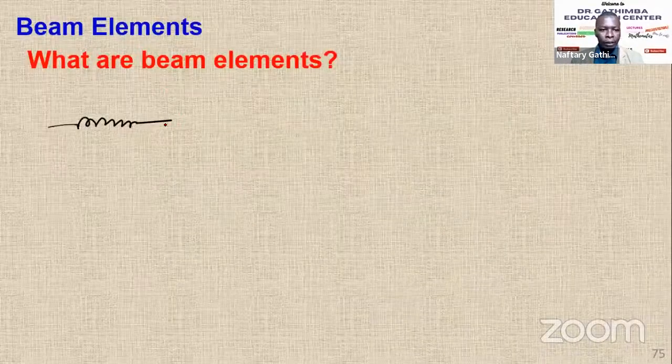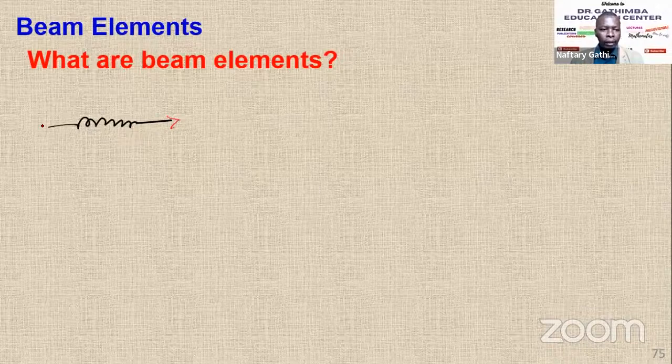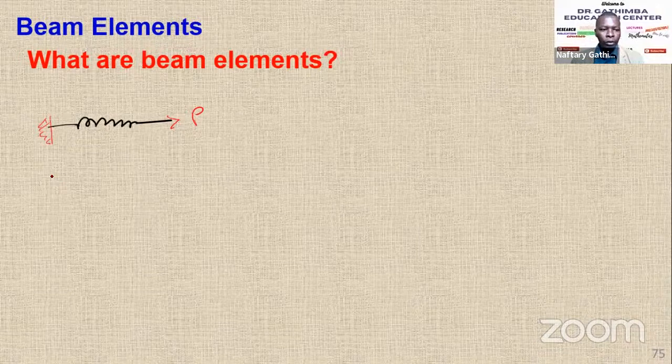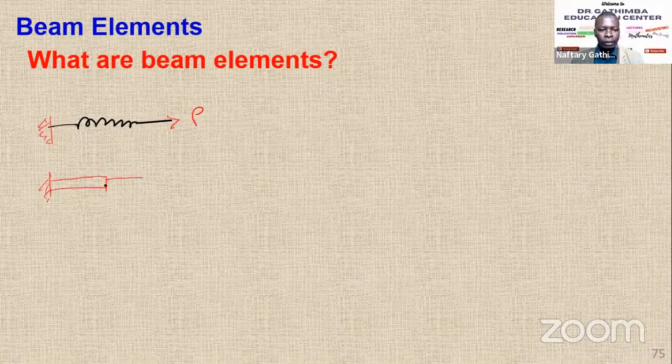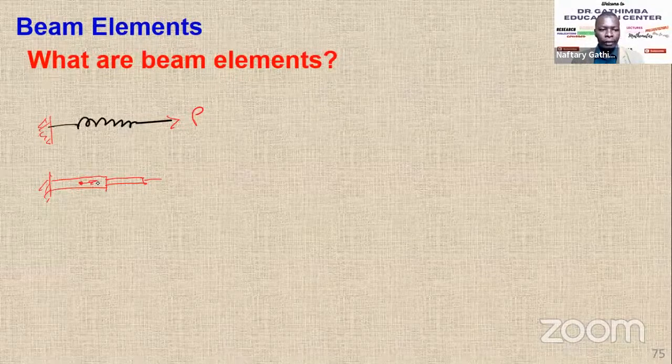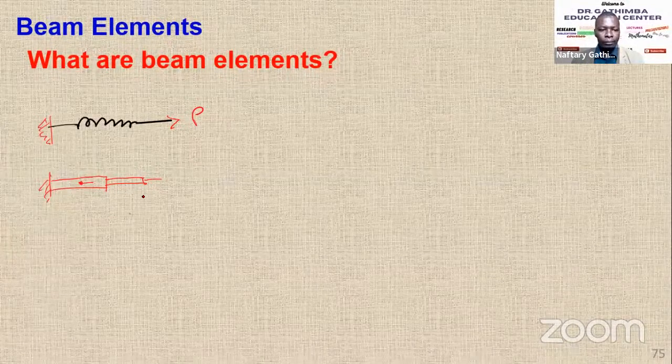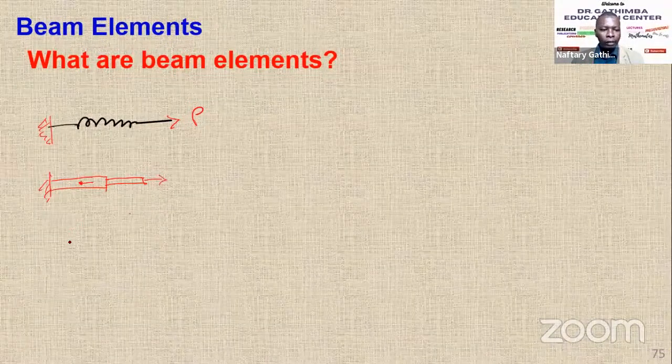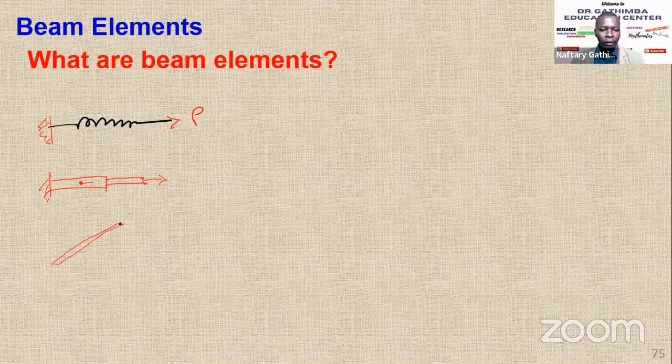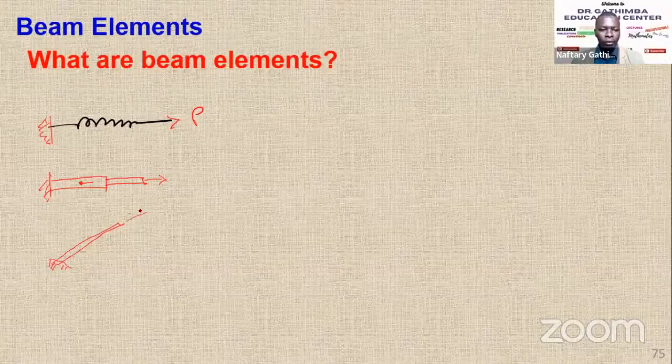Whether we are talking of the spring element, where maybe the head was fixed, then we applied a load P there, or the bar element, where let's say it has a changing cross section, whatever it is, the load was applied, or when we considered the bar element oriented in 2D space, and let's assume this side is fixed and the load was applied.